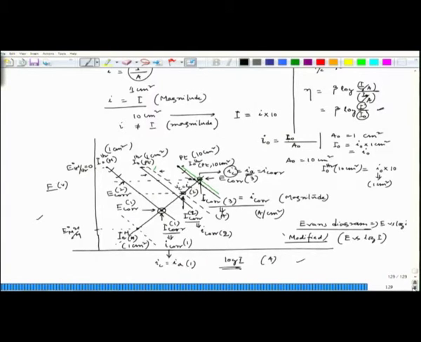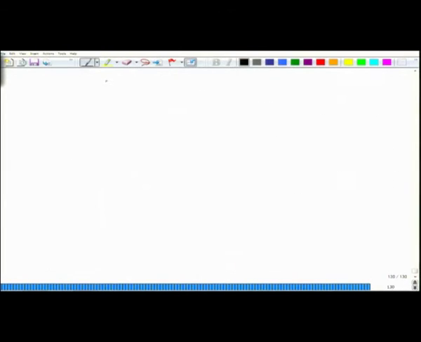Let us consider another case, which is case 4. Case 4 is about the effect of presence of oxygen.